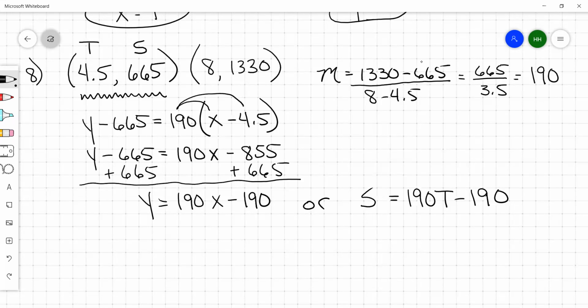And then they ask, how many pounds of strawberries can be processed in 9 hours? So you take your S, you make it equal to 190 times 9 minus 190. That's the same as 190 times 8, which is 1,520.